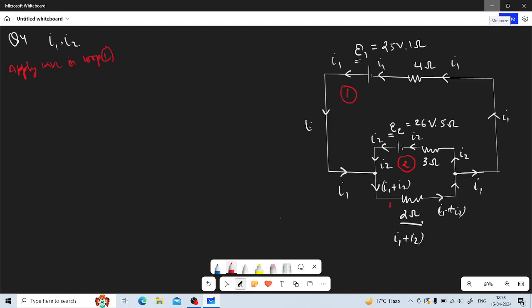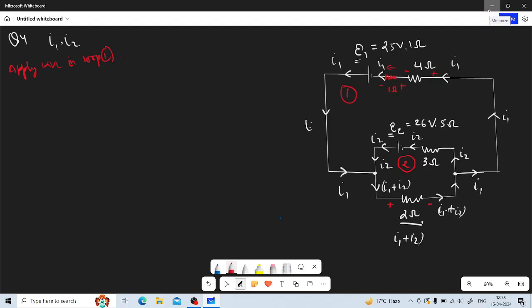So here we have plus and here we have minus, because the current is flowing from here to there. Current is flowing in this particular direction, so this will be high potential, this will be negative. And 1 ohm is internal to the cell. Here we have a 1 ohm resistor, and current is flowing in this direction, so this will be plus and this will be negative. Now apply KVL.